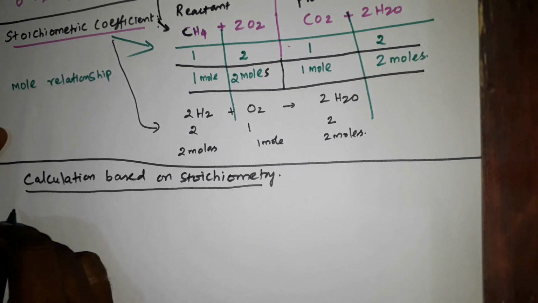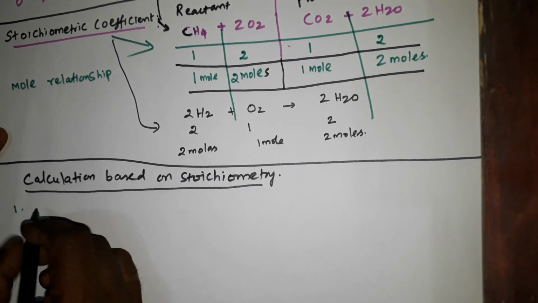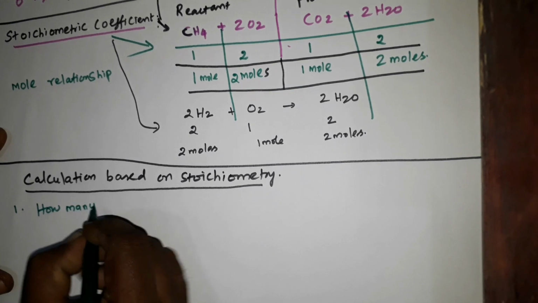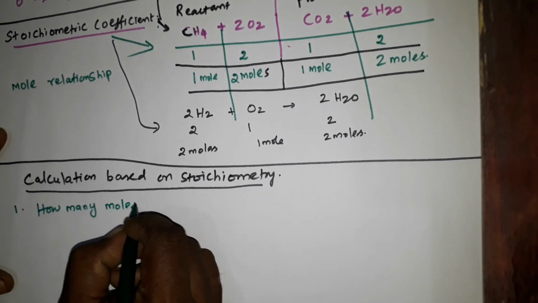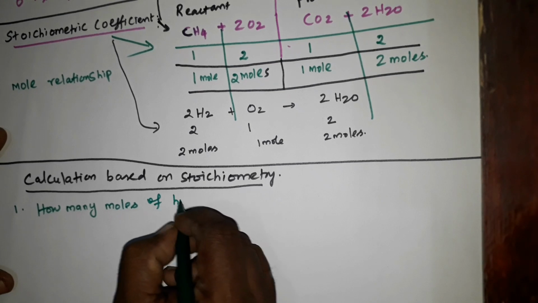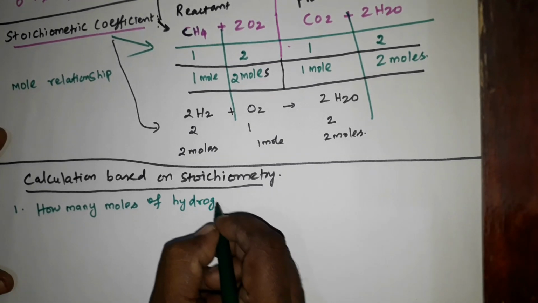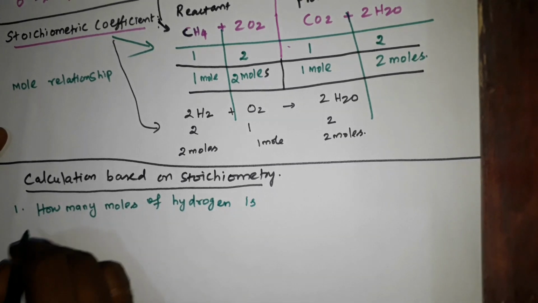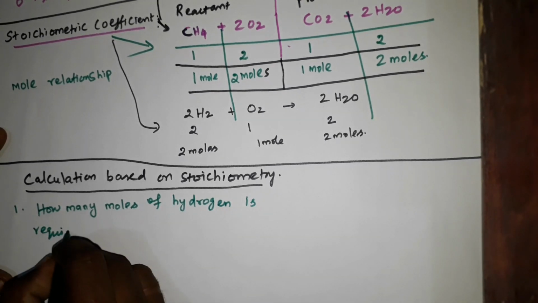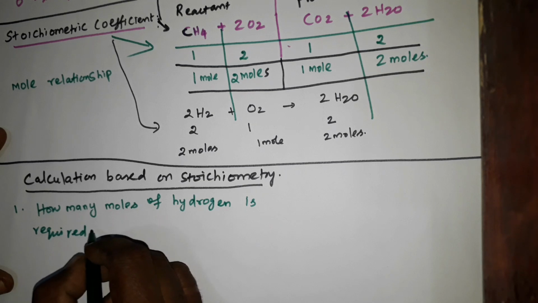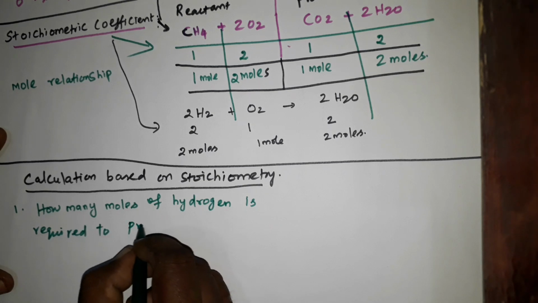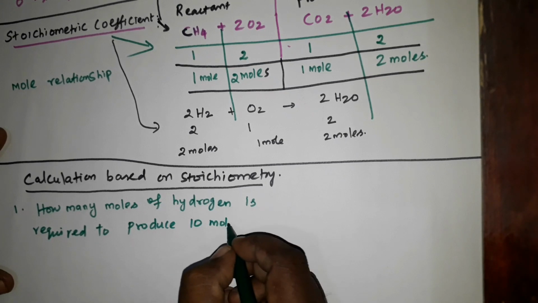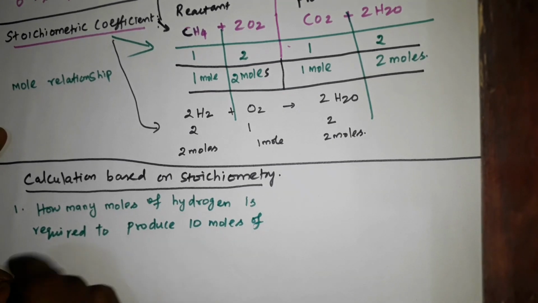So example 1, how many moles of hydrogen is required to produce 10 moles of ammonia.